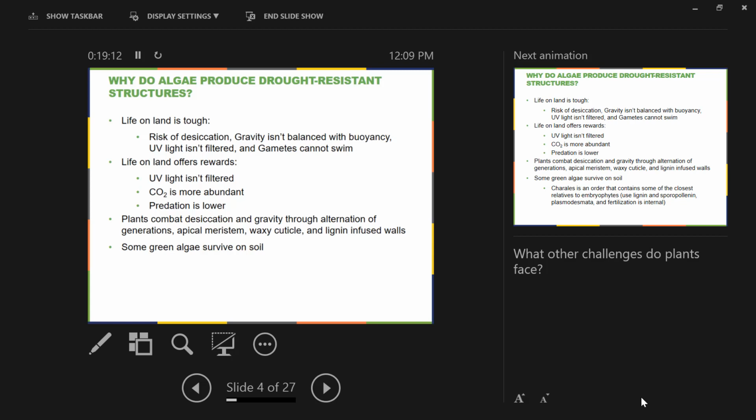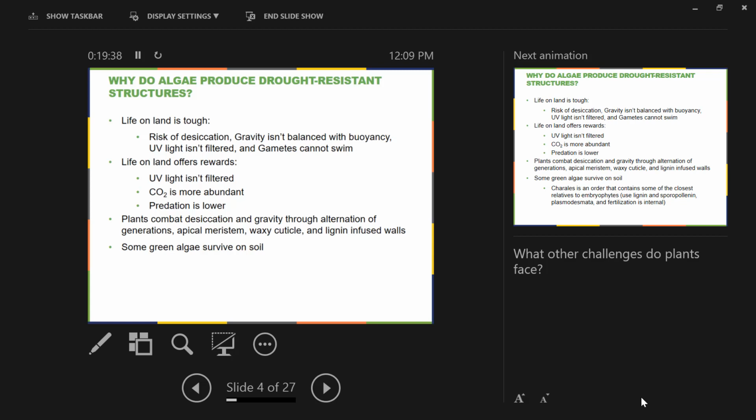Yeah, Levi. How did we start to see these traits in that algae? Well, I don't think we did. I think they both existed at the same time. But anyways, how did those species that live in the water become successful even though they never make the move to land? Why do they still have those structures?